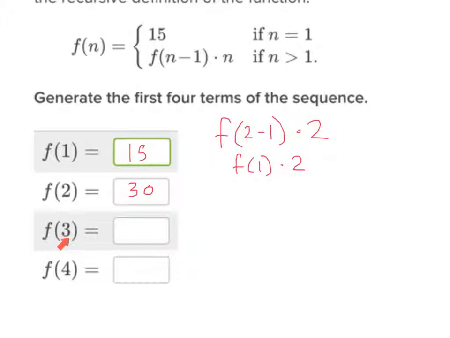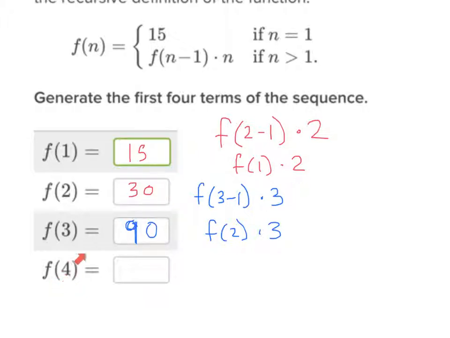Okay, on this one, f of 3, that means I put a 3 in for this n and for this n. And so I have f of 3 minus 1 times 3. So that's f of 2 times 3. Well, they told us f of 2 is 30. Right? So 30 times 3 is 90. Okay. Our last one's f of 4.